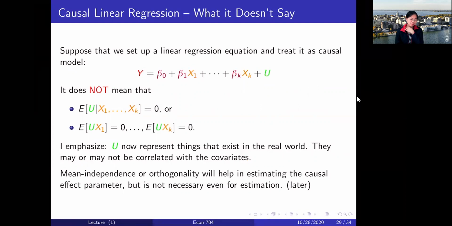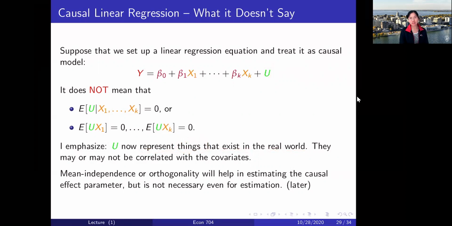So when you set up a linear regression equation with the causal purpose in mind, the U now represents real things in the world. U now is not just a mathematical concept that's defined to be the difference between some other random variables. Instead, U now represents things that actually exist in the real world.